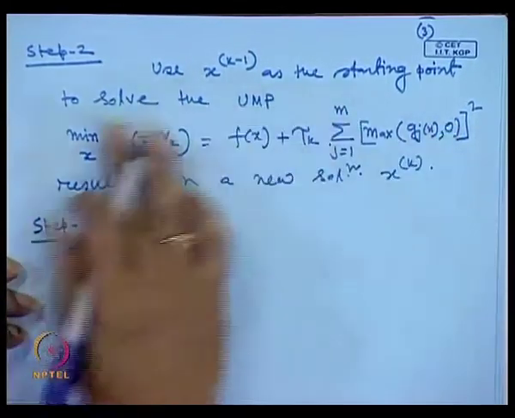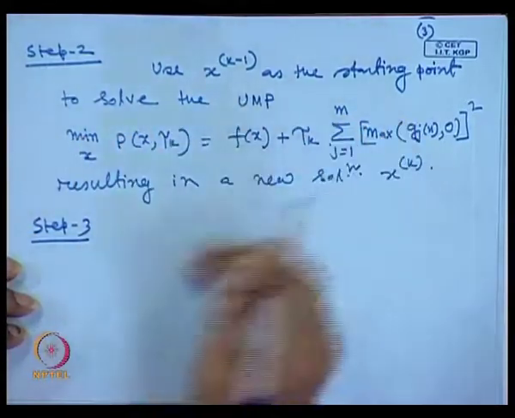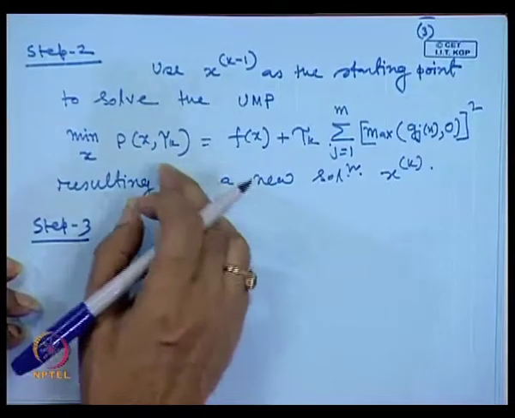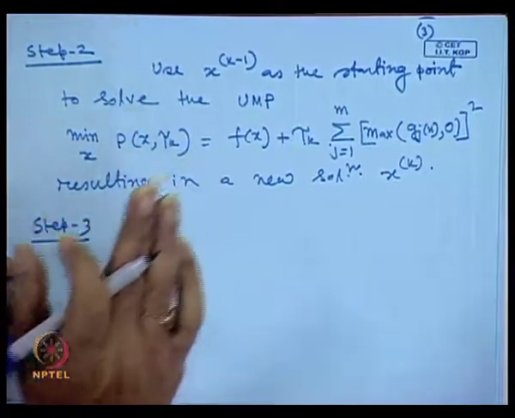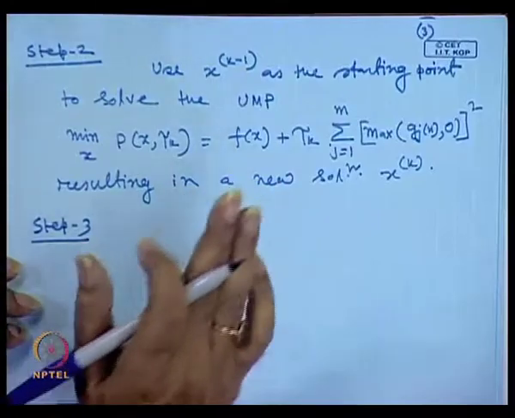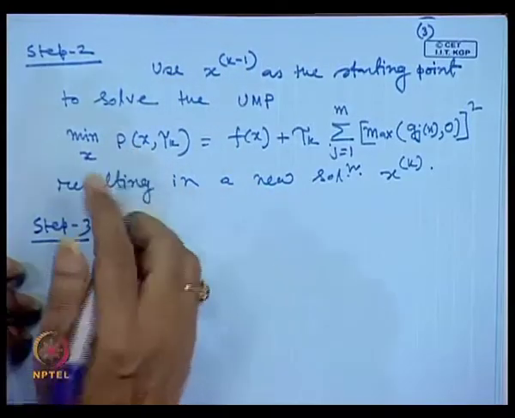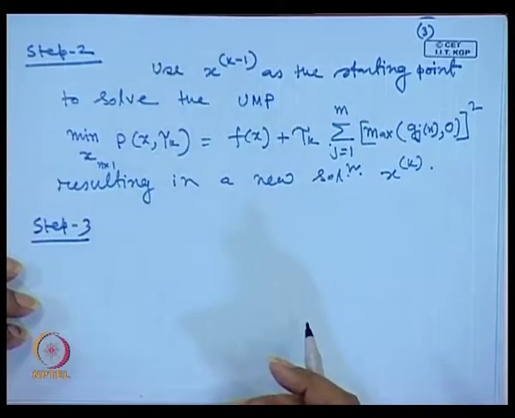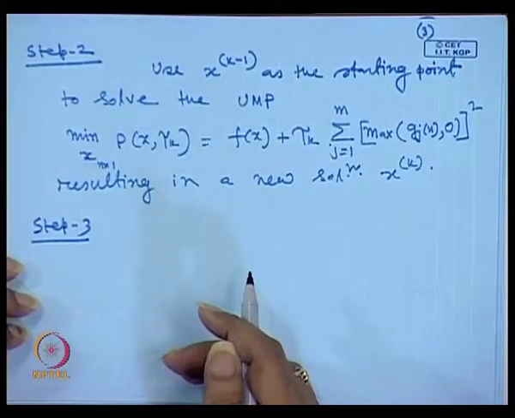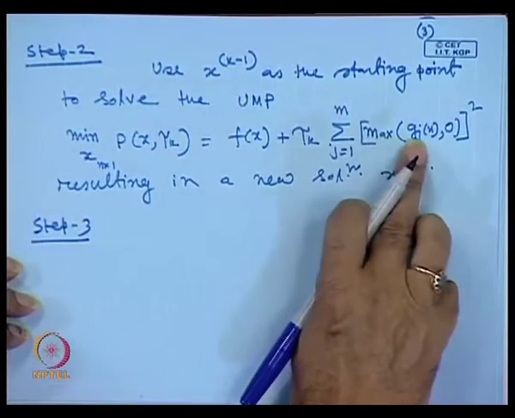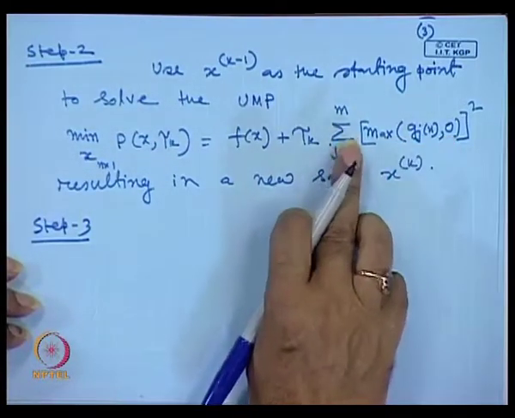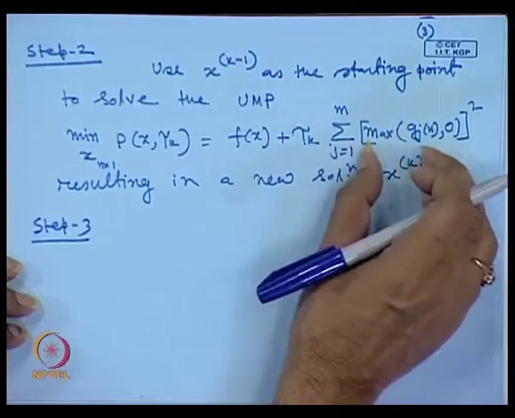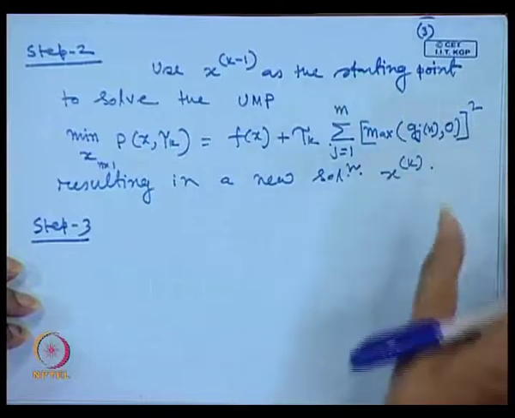You find the necessary condition, that is, the gradient of this function. Because we have n decision variables x 1, x 2, up to x n, this x has dimension n cross 1. So you will get n equations, and each equation has m max terms, because m max squared terms are there.